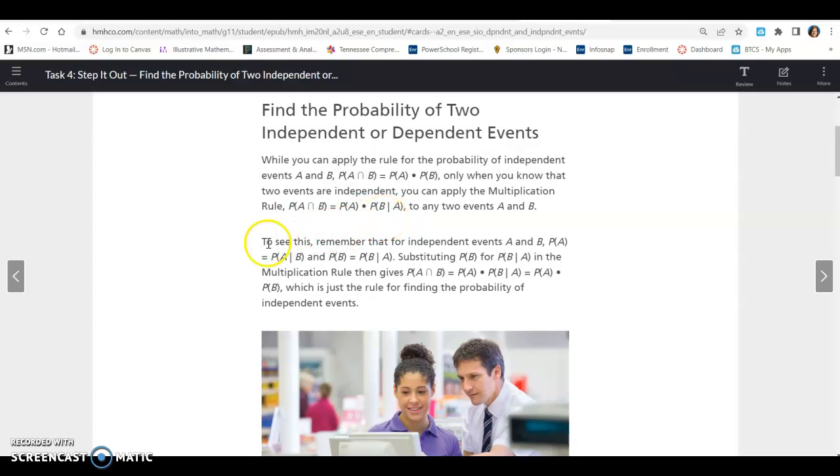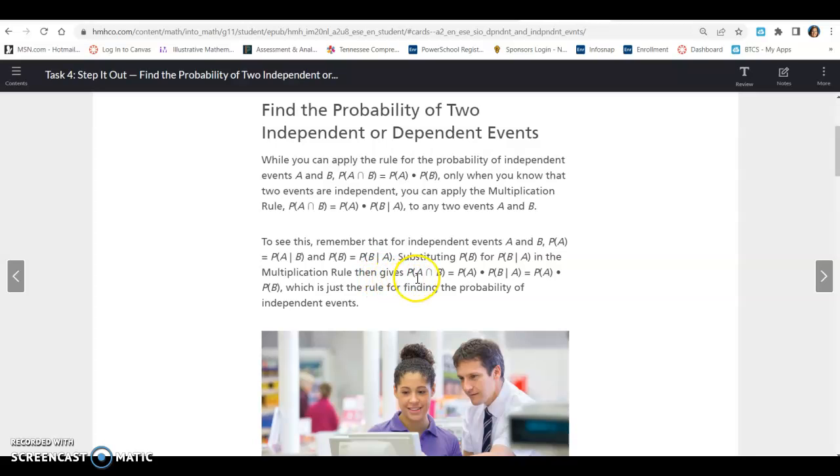It says, to see this, remember that for independent events A and B, substituting P of B for the conditional probability of B given A. Remember, this is in one of the tasks. We were able to substitute P of B in because it was equal in the multiplication rule.